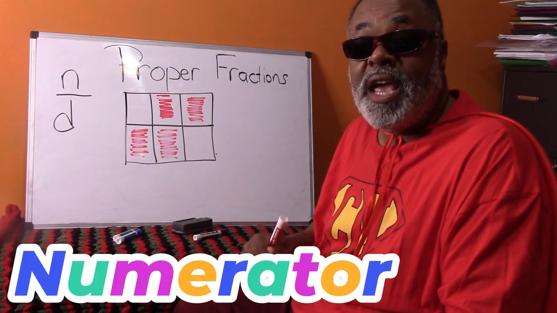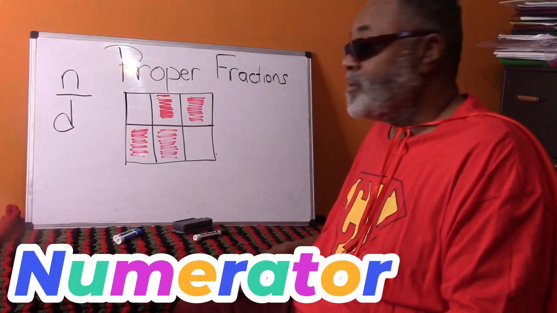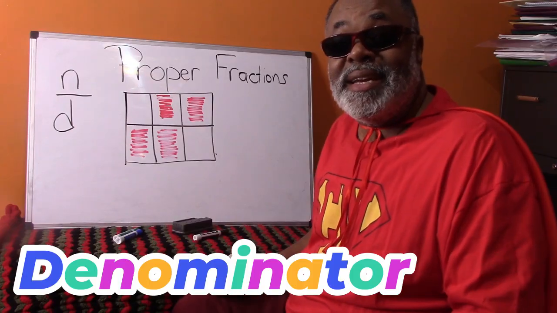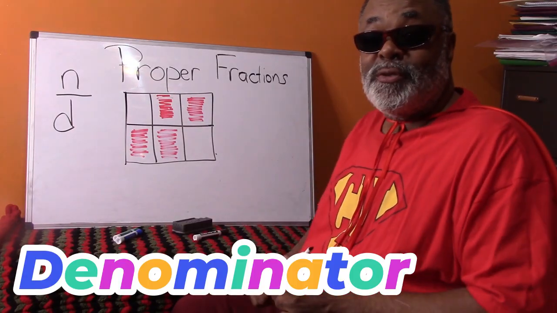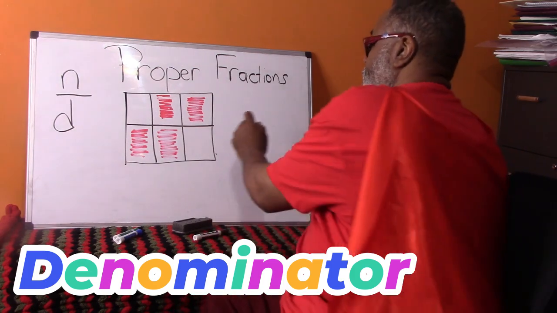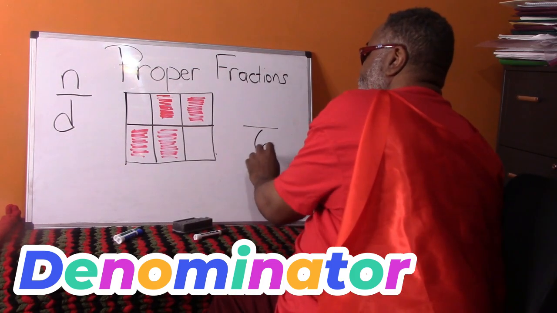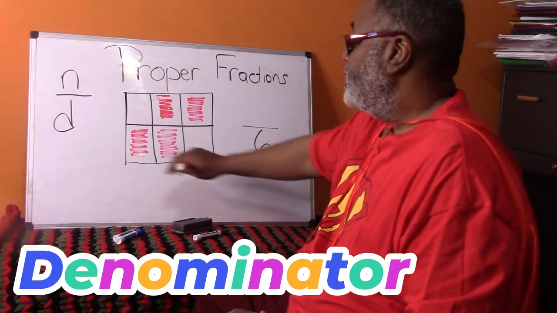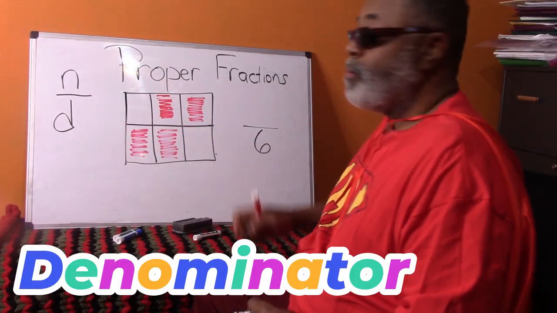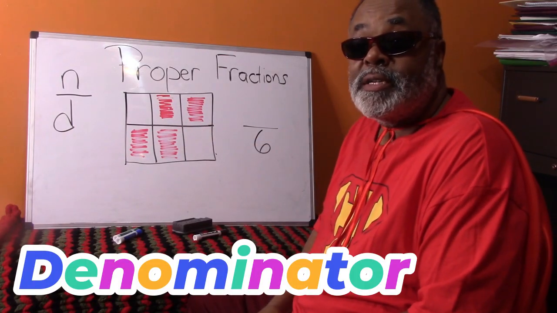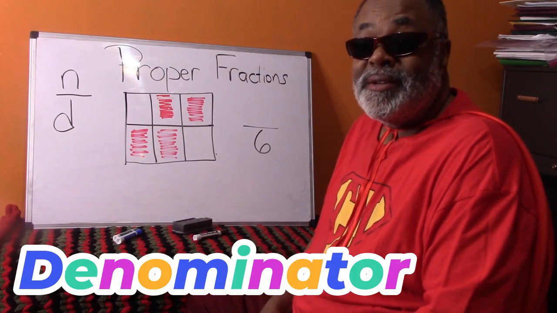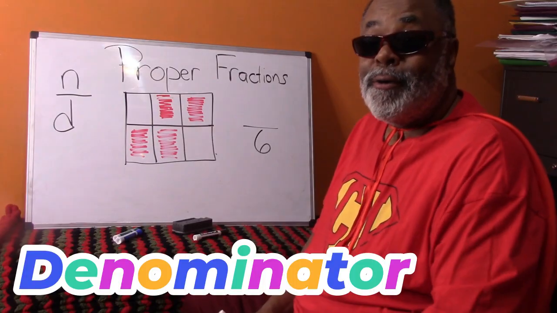The denominator says how many equal parts it is cut into that represents one whole. So the denominator is 6 because this is one whole rectangle and it's cut into 6 equal parts.